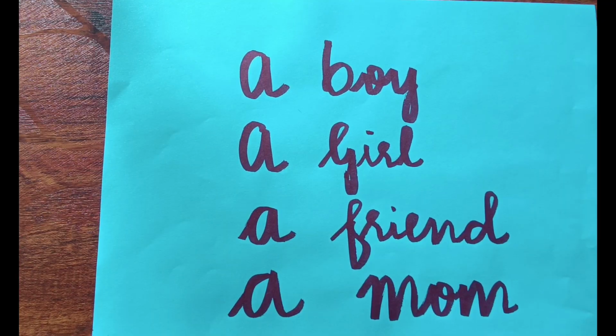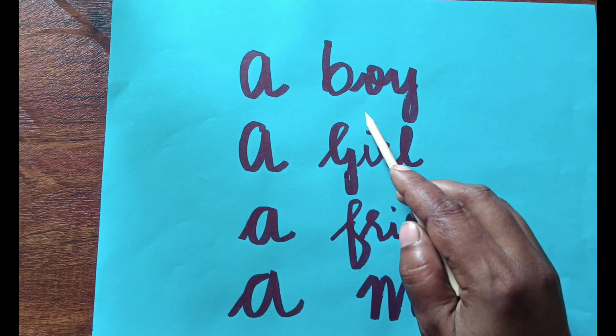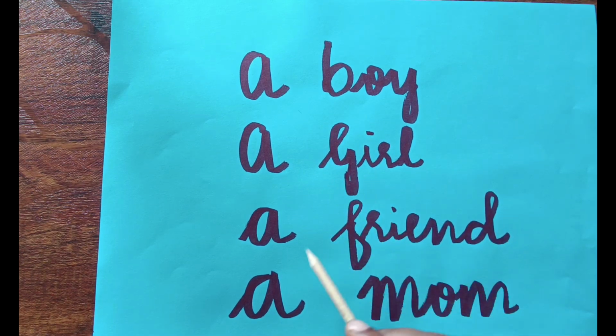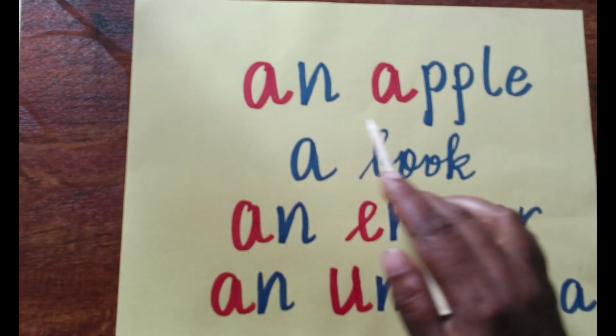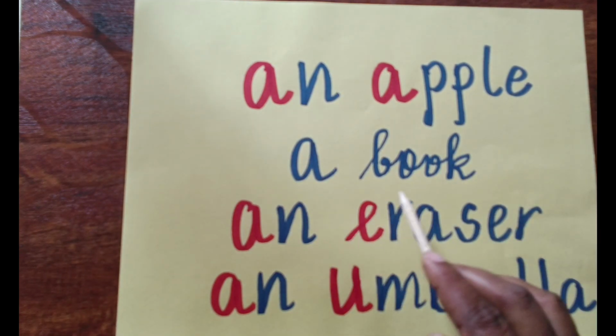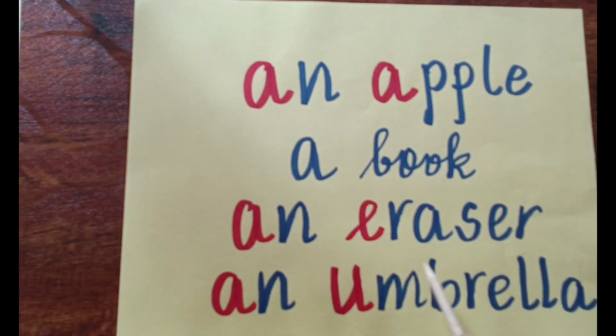Let's look at some examples. Under people, we have a boy, a girl, a friend, a mom. Under things, we have an apple, a book, an eraser, an umbrella.